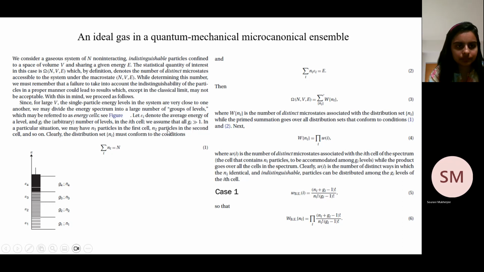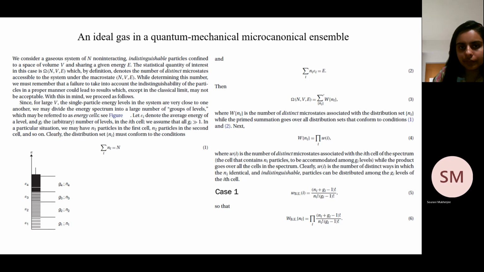Then you have some particular distribution: n1 particles in the first cell, n2 particles in the second cell, and so on. So we first have to find in how many ways the distribution is possible, and we see that this differs depending on the type of particles we have.